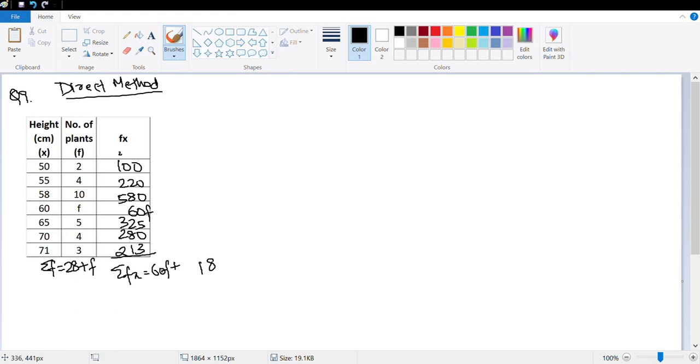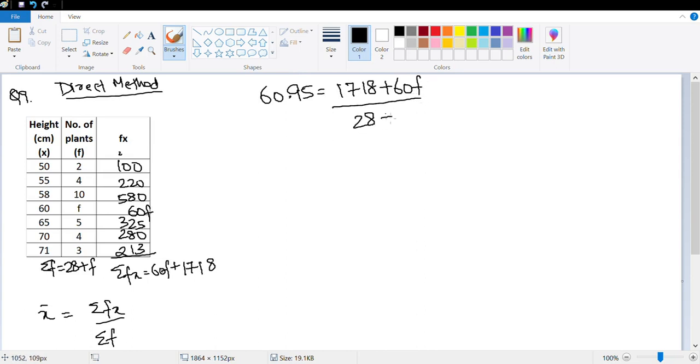Let's check. 2, 4, 7, 12, 14, 15, 17. That's 17. Perfect. So my mean is equal to summation fx upon summation f. Let's see what's the mean given. The mean is 60.95. So 60.95 is equal to 1718 plus 60f upon 28 plus f.